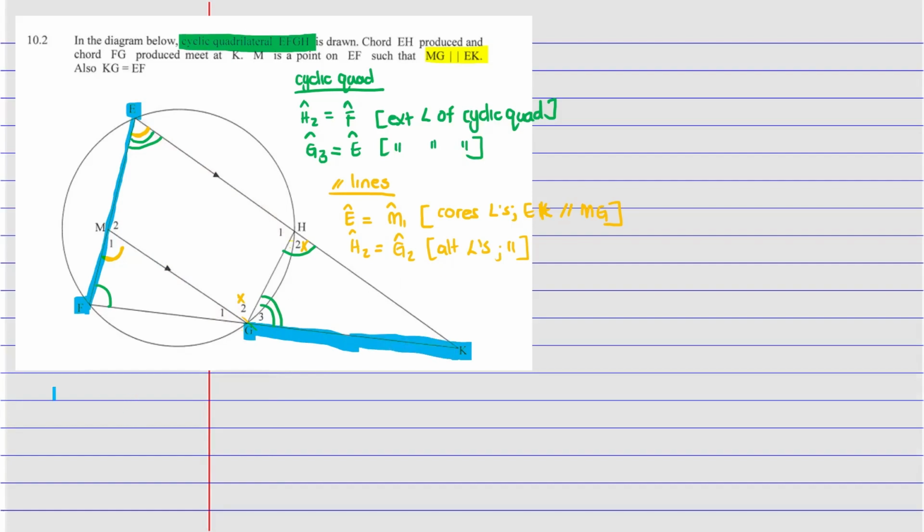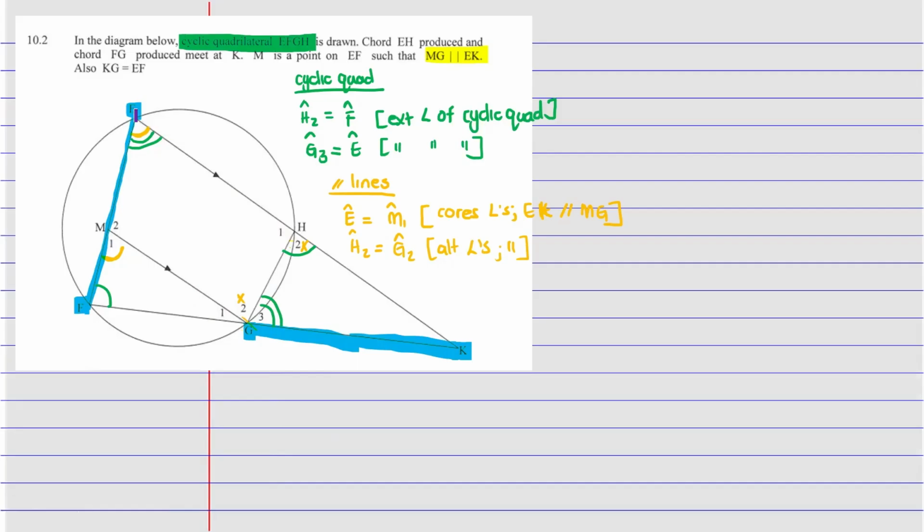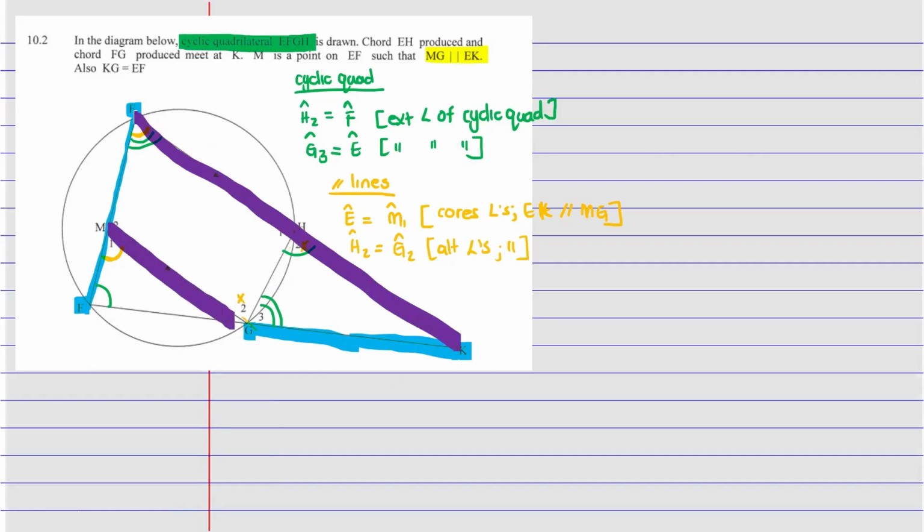So another thing that you need to see is the following: since these are two parallel lines, right? We have two parallel lines. You need to see this relationship. Do you see the fact that the proportionality theorem also is here? Since this line here, the purple line, is parallel to this line, do you see the fact that we have a triangle?